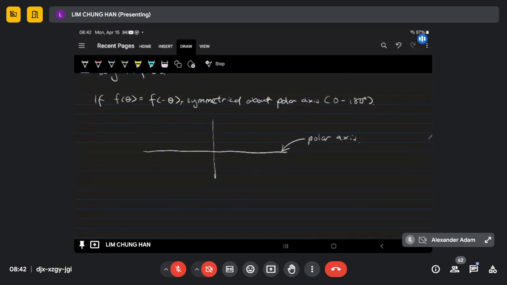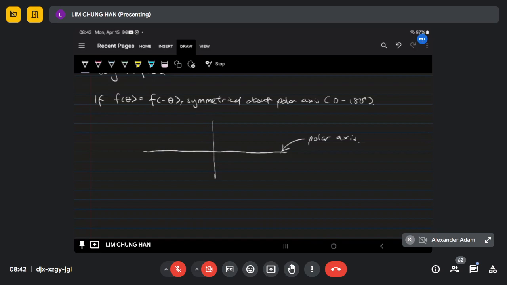Okay, that is the polar axis. So if you do a check, you can prove that when theta is positive, it gives you the same answer as when theta is negative.